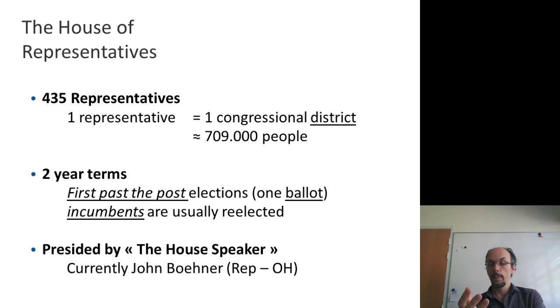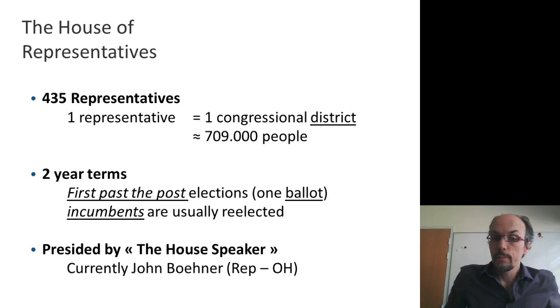So, for example, in 2012, Barack Obama was the incumbent president. He was already president and running for re-election. So if you're a representative in Texas and you're running for re-election, you're an incumbent.